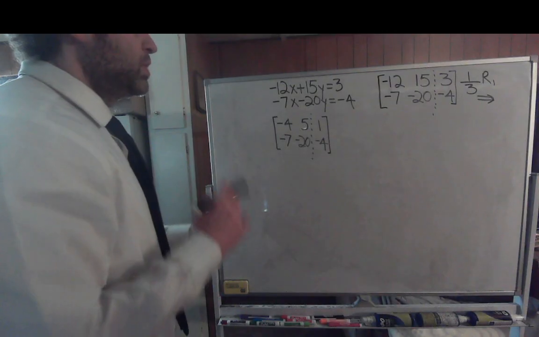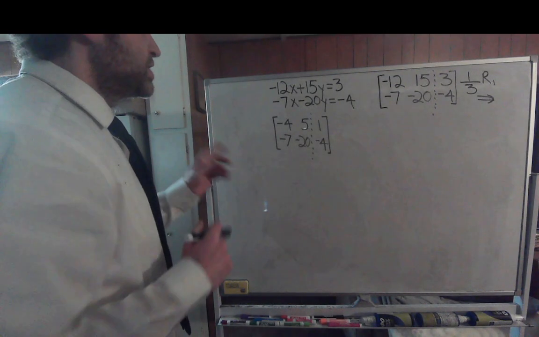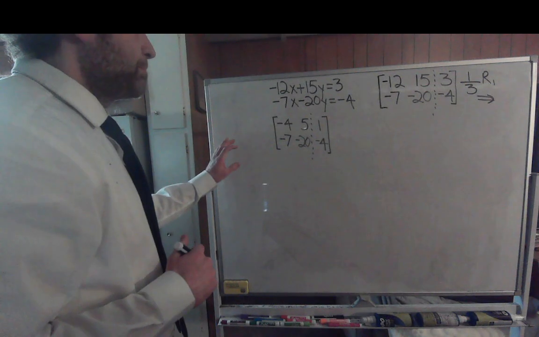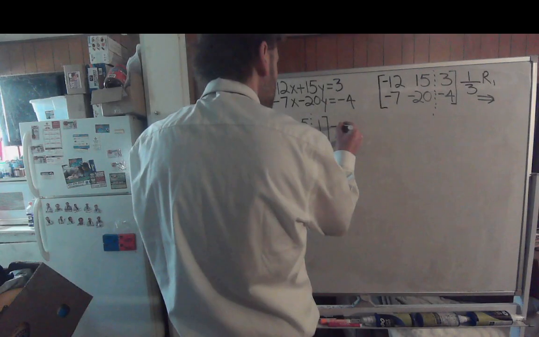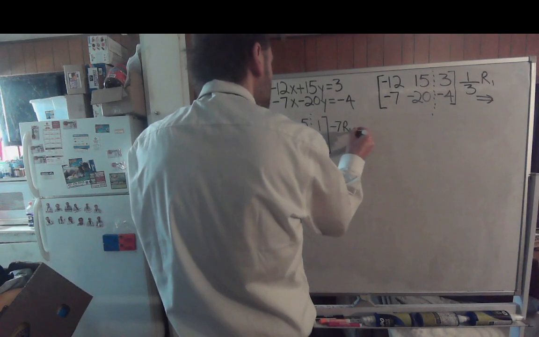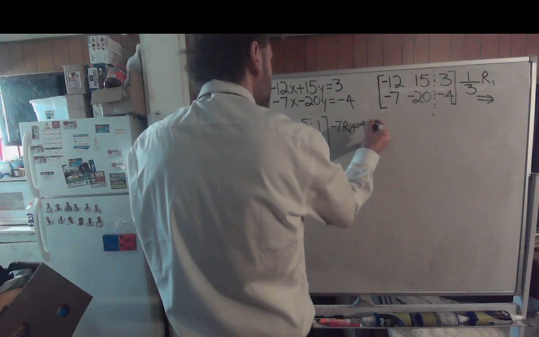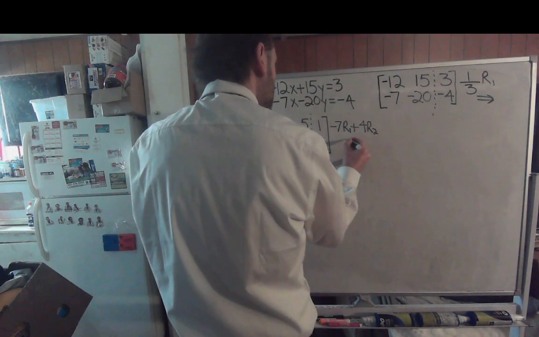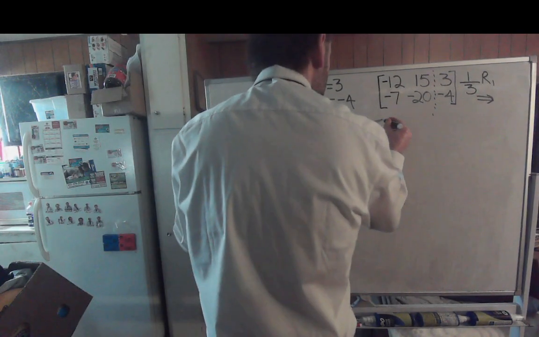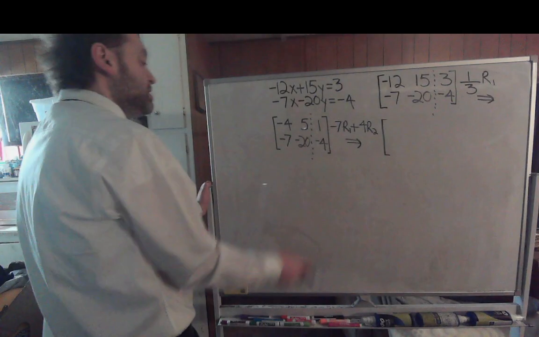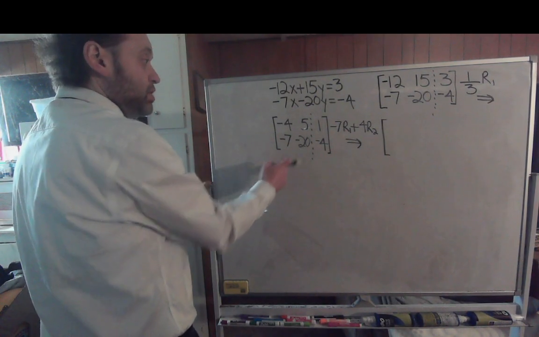So, the goal is going to be here, what we're going to do is take negative 7 times row 1 plus 4 times row 2, and we'll do those operations, which will make the first digit in the second row a 0.